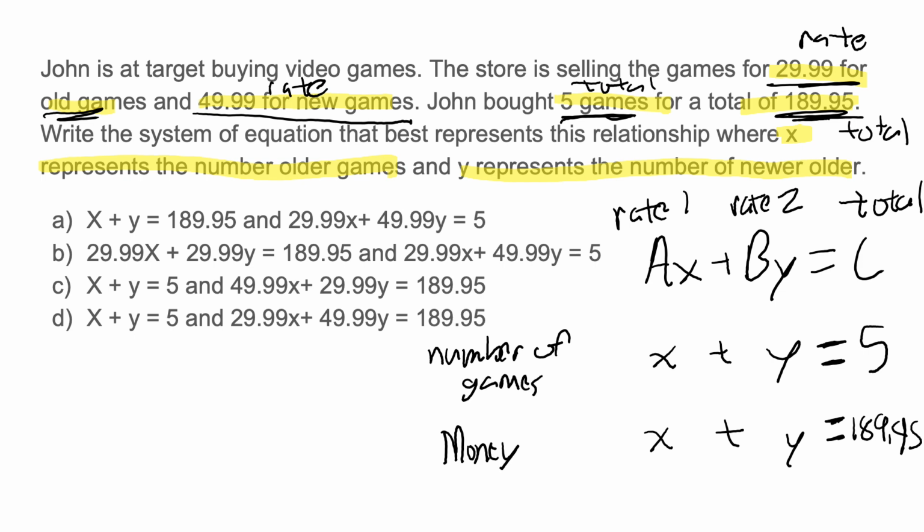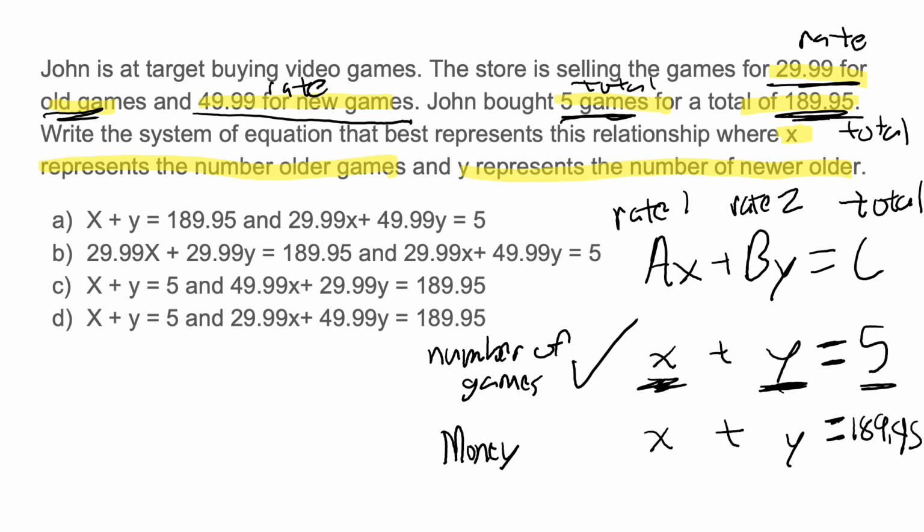So go ahead and let's look at the equations. Number of games. Old games plus new games gives me 5 games. So just by using the variables, right? The language of the variables. Number of old games plus number of new games gives me 5 games. So this equation is good to go because this one's in terms of games.